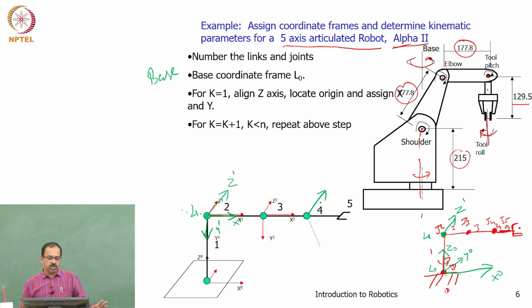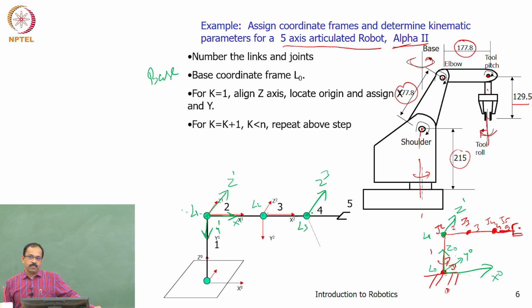And where will be the origin? Correct, right? Then where will be the origin? Origin is the intersection of Z2 and Z3. They are not intersecting, they are parallel. So take a common normal and find out where the common normal intersects the Z3. That is your L3. So this is L2, L3.